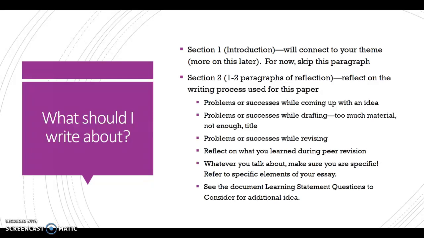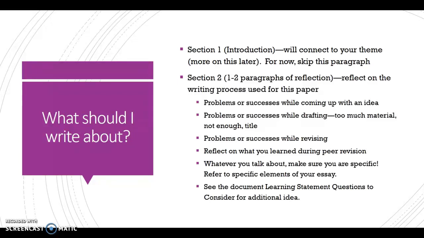You could talk about problems or successes in coming up with an idea. That would be some of the pre-writing. You could talk about those problems or successes while drafting, while revising, during the peer revision, or the smart thinking, or the writing center, if you took it there, anything that you've learned, or anything that was maybe a success or maybe not a success.